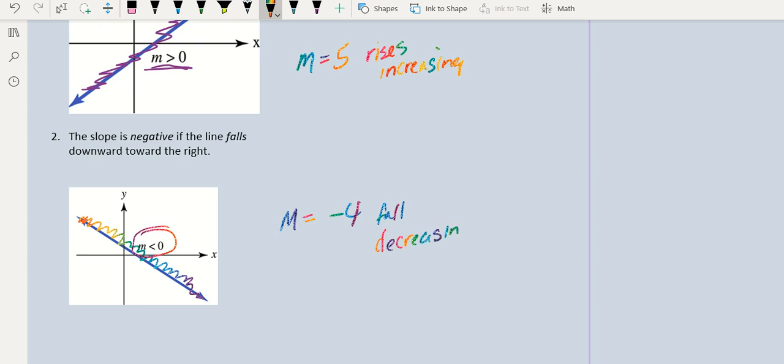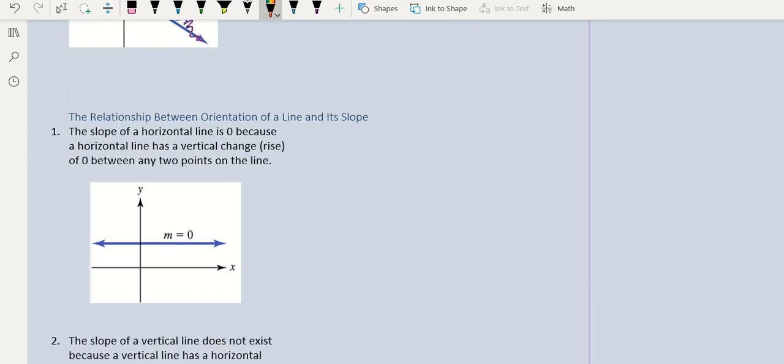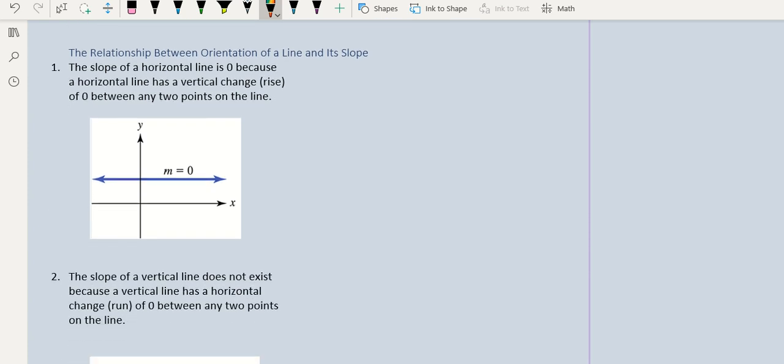I'm sorry for the horrible handwriting. Okay? Now, I just talked about the same thing a minute ago as well. The slope of a horizontal line is 0 because a horizontal line has no vertical change. It has no rise between the two points.